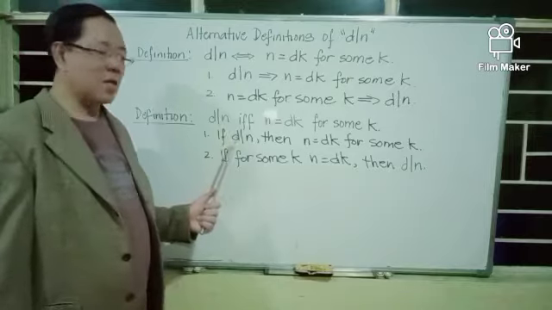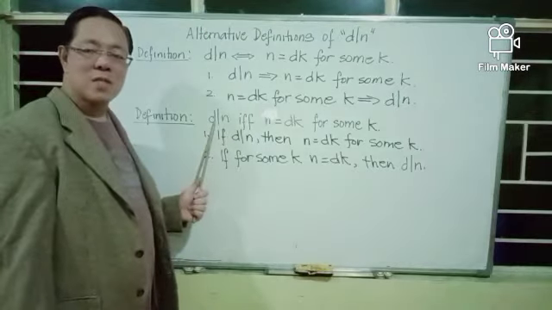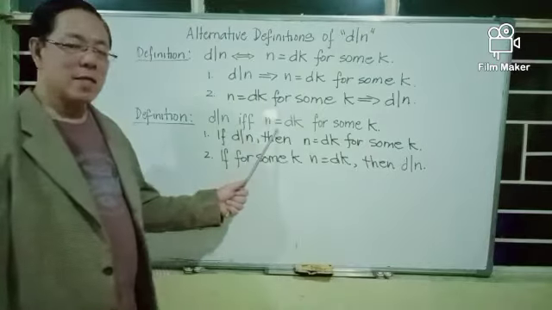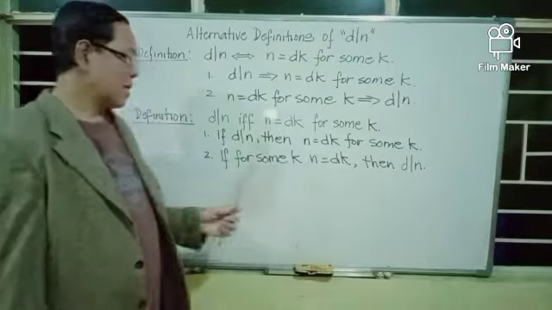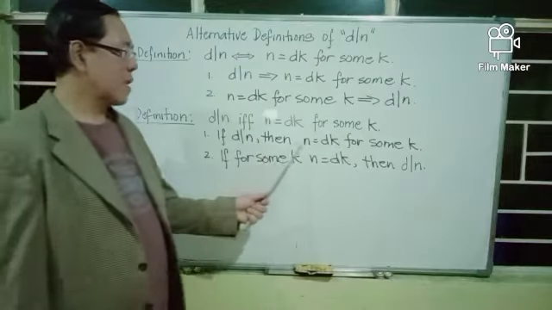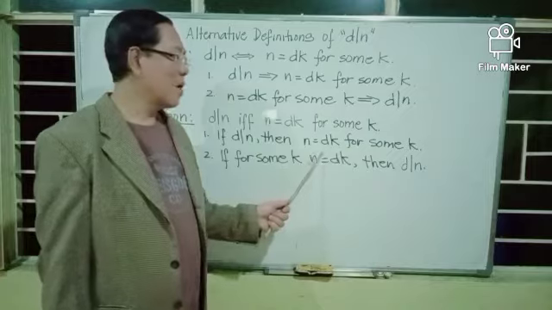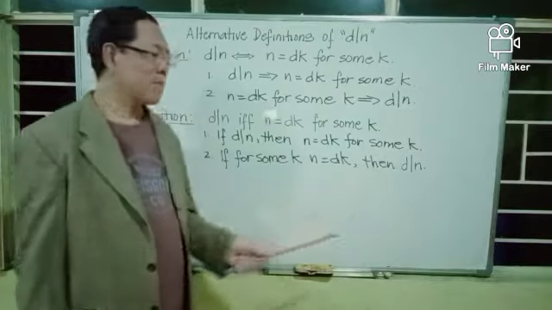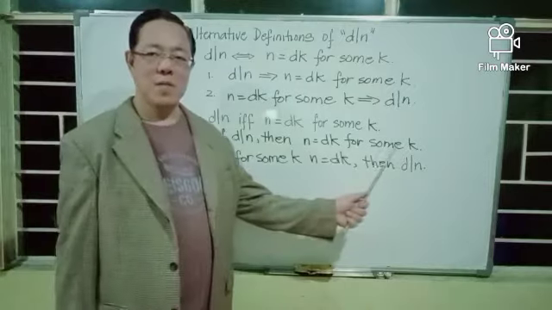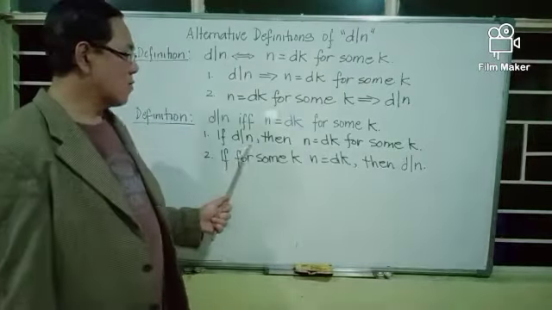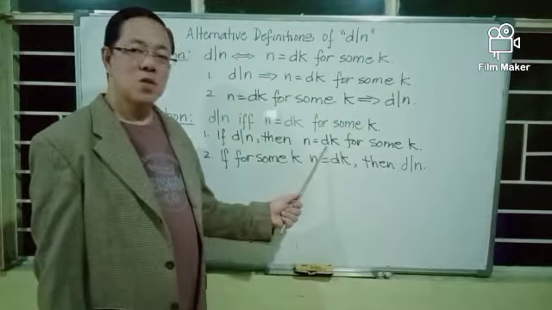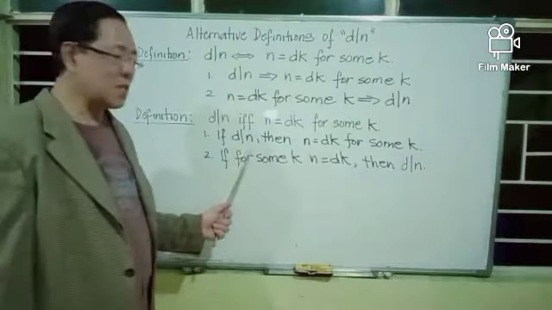The first statement equivalent to this biconditional statement is: if d divides n, then n equals b times k for some integer k. And the second statement is the converse of the first statement. For the converse, you start with the conclusion, and the premise becomes the conclusion.